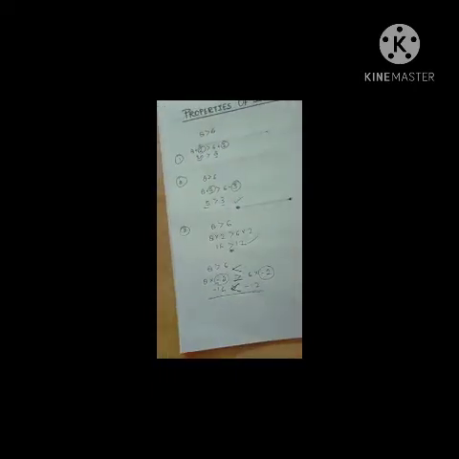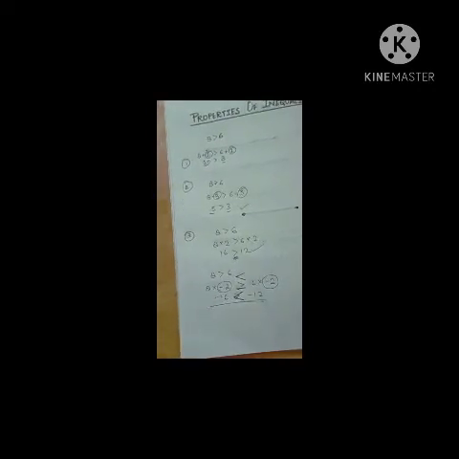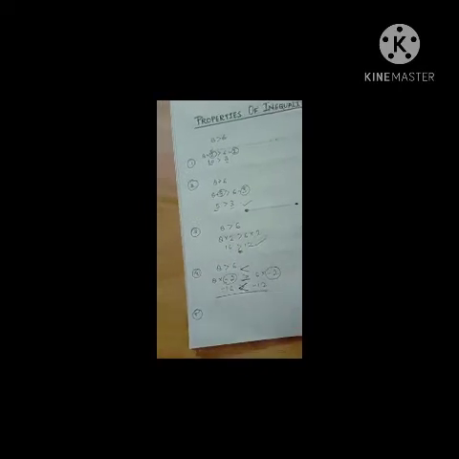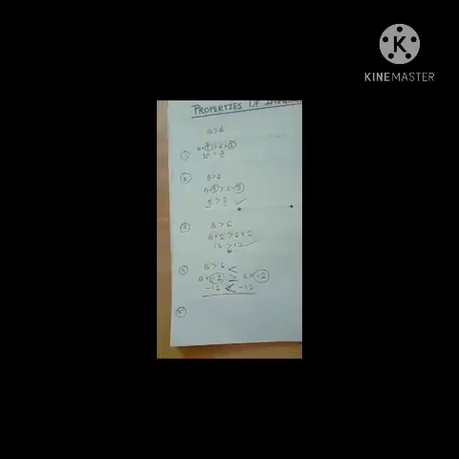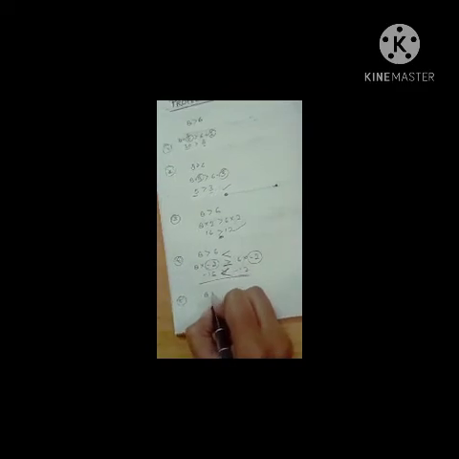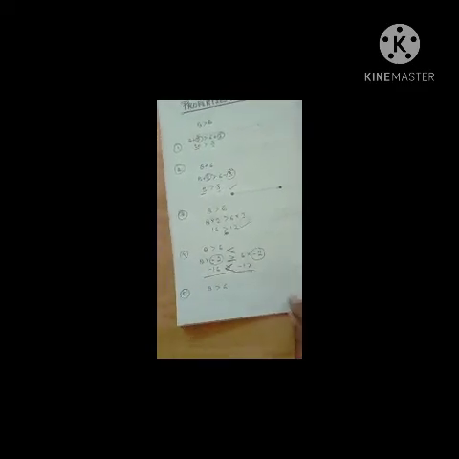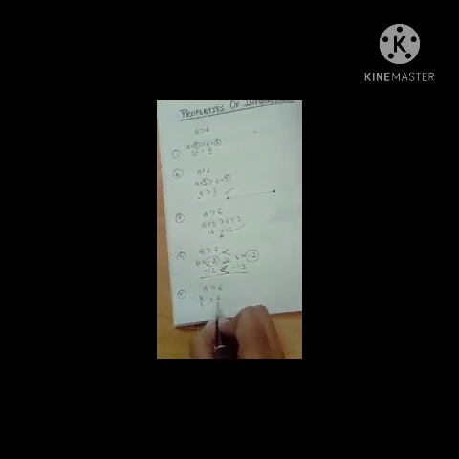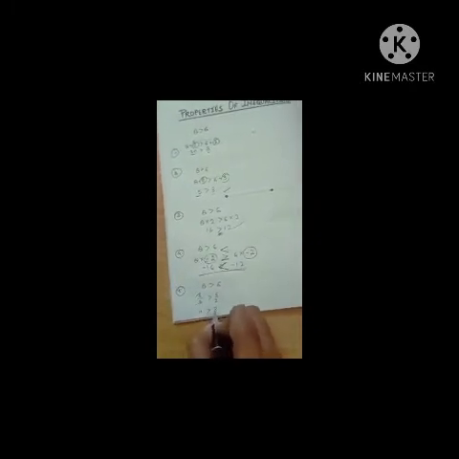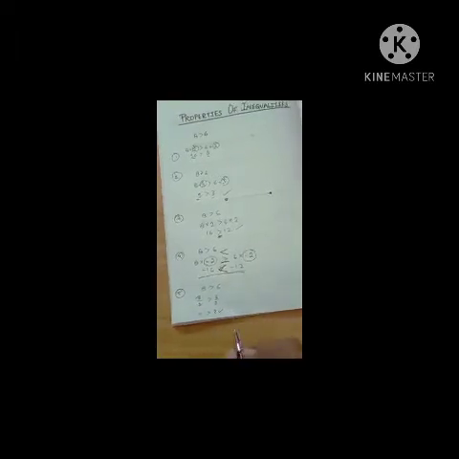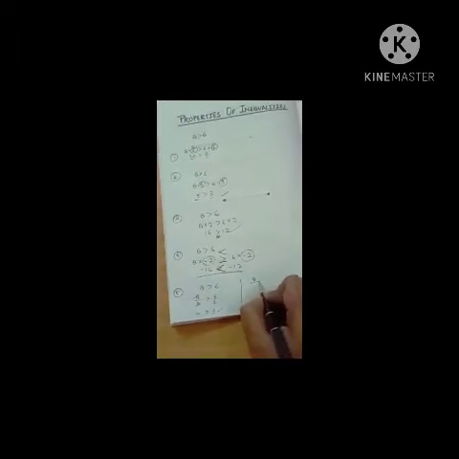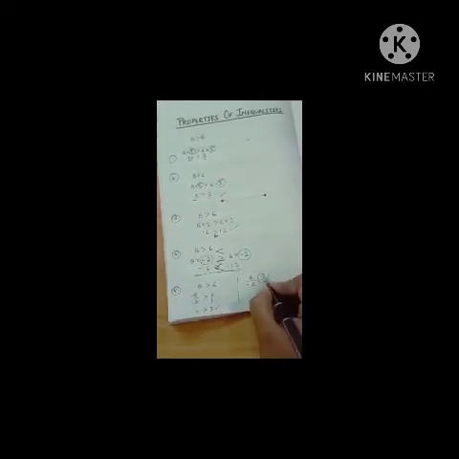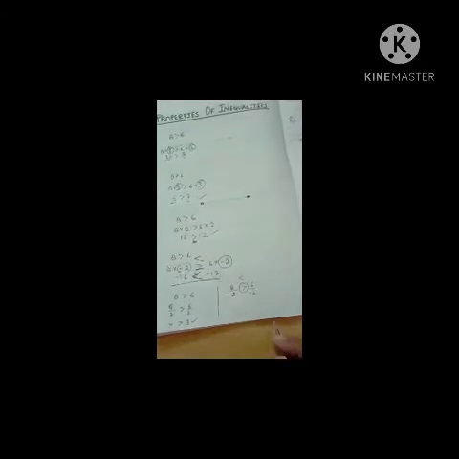It says that if we multiply by any negative number, then this inequality gets reversed. Okay. Similarly, if I divide both sides by the same positive number, suppose this is the inequality, 8 is greater than 6, and if I divide it by 2, here you get 4 and here you get 3. So this is true. But if I divide by the same negative number, then this inequality gets reversed. Why?